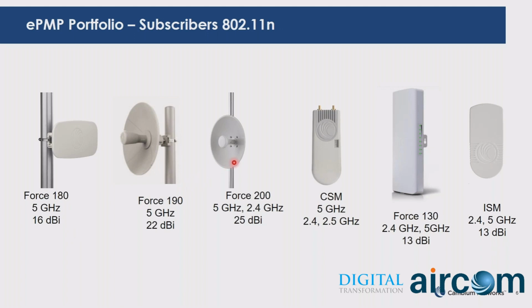And then if you want to support up to 5 kilometers on a point to multi-point, you use the FOS 200. You can also use 2 of the SMs on a point to point. So you could use a pair of the FOS 200 on a point to point, or a pair of the FOS 190. In that case, it's going to support more distance for the throughput that you're planning to achieve.